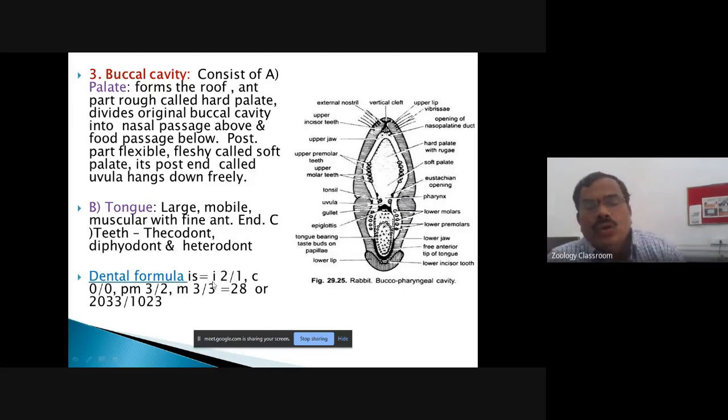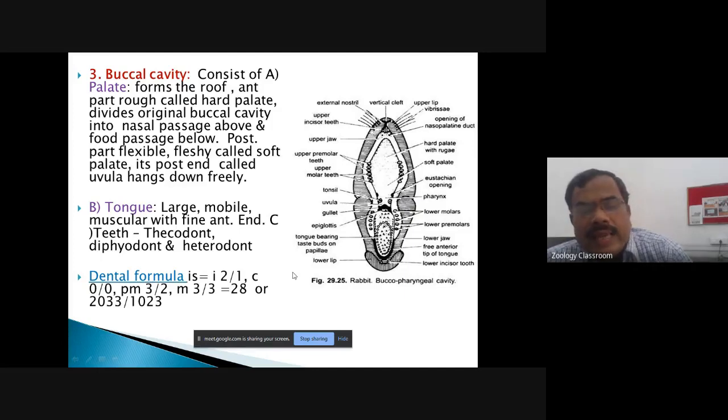So in the upper jaw there are 2 incisors, shown on the half side, which is considered half portion of the jawbone. So 2 incisors on the upper jaw and 1 incisor on the lower jaw.